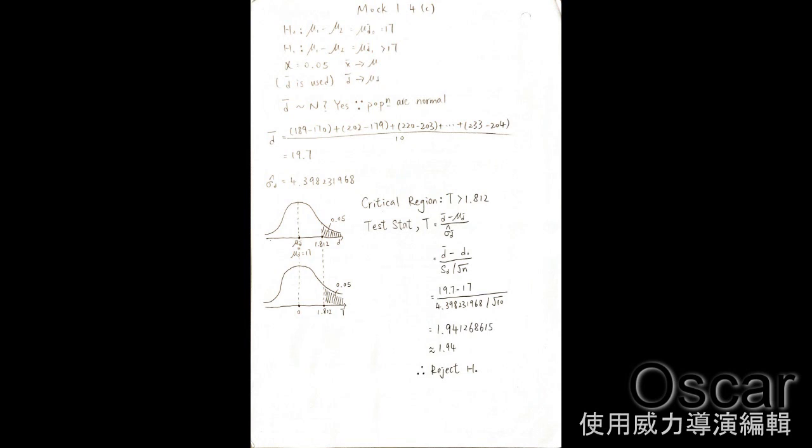We insert the numbers into the equation: 19.7 minus 17 over 4.398231968 over square root of 10, and it equals 1.94. So we reject the hypothesis H0.